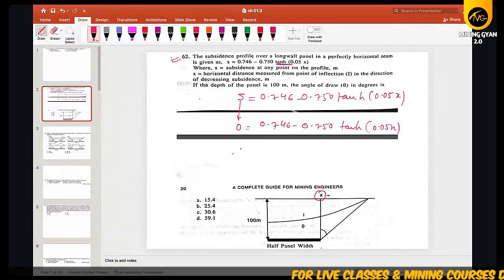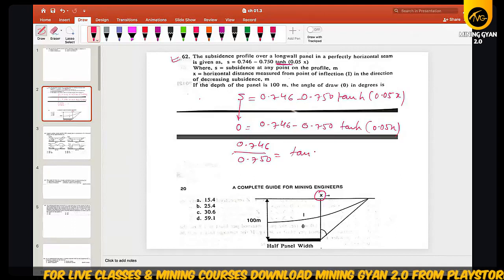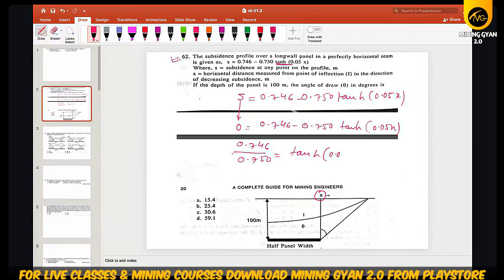So it will come 0.746 divided by 0.750 equal to 10 to the power 0.05 x.